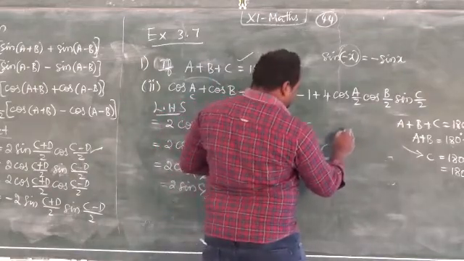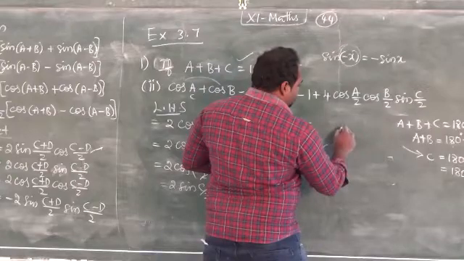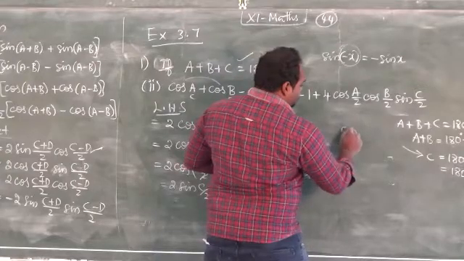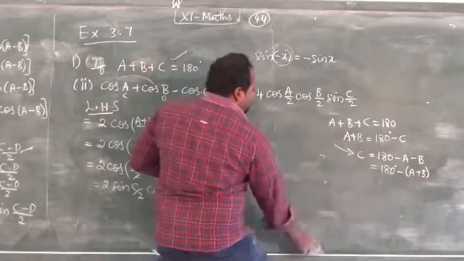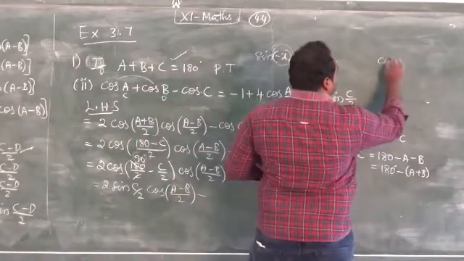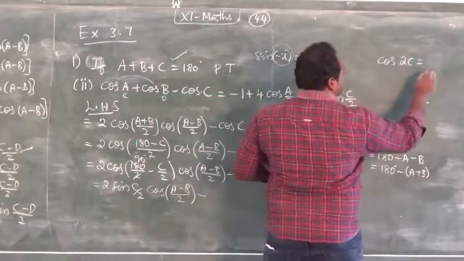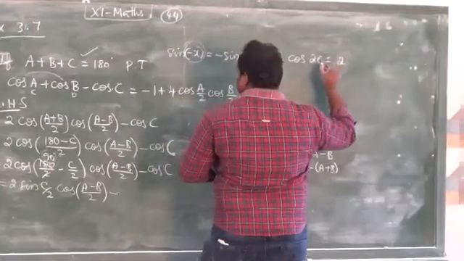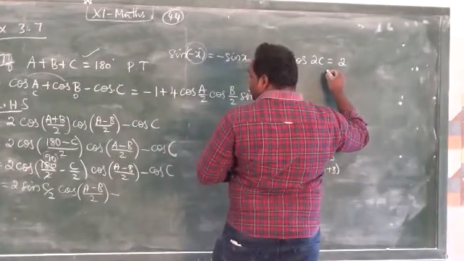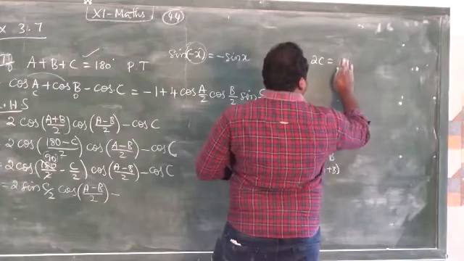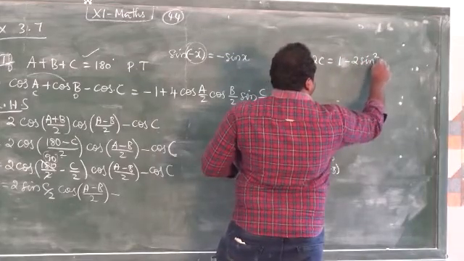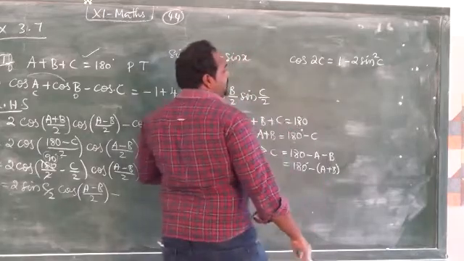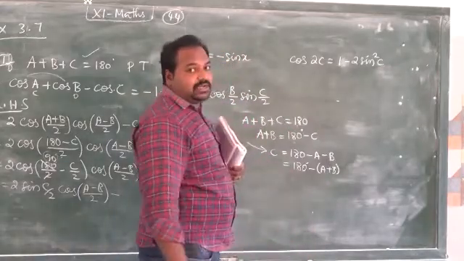here I am going to use this formula: cos 2C can be written as 1 minus 2 sin square C. We have 4 formulas for cos 2 theta.